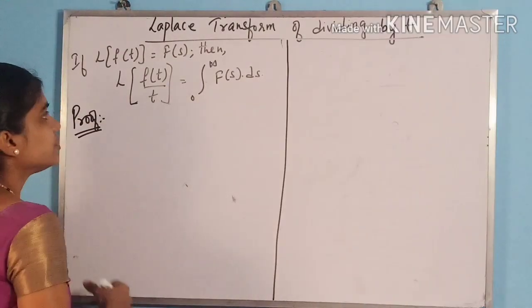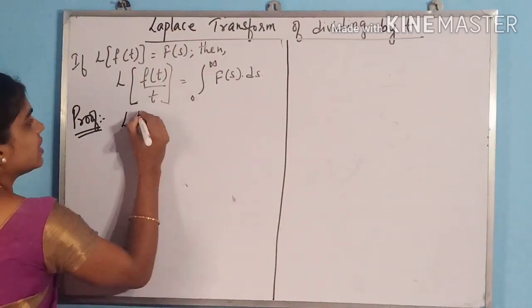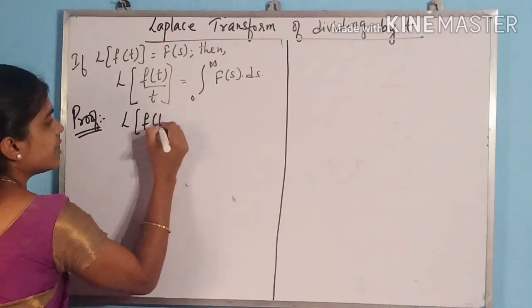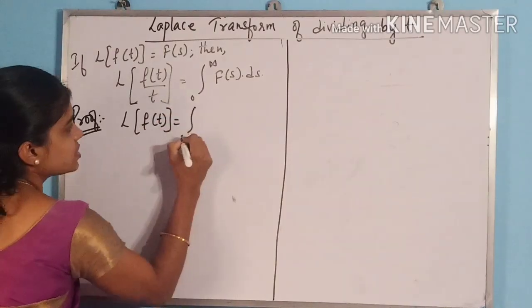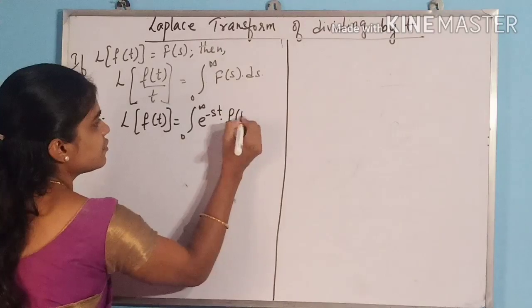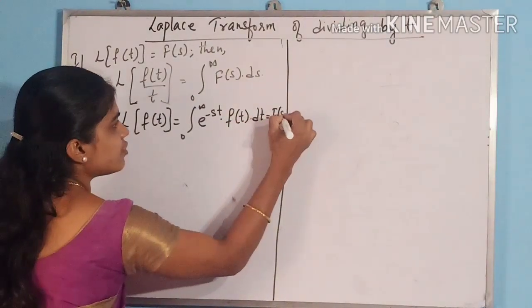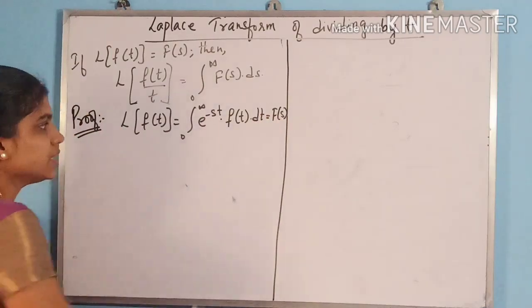Let's begin the proof by defining Laplace transform of f of t. We know that Laplace transform of f of t is equal to integration 0 to infinity e raised to minus st f of t dt, and this I can also write as f of s. Right?